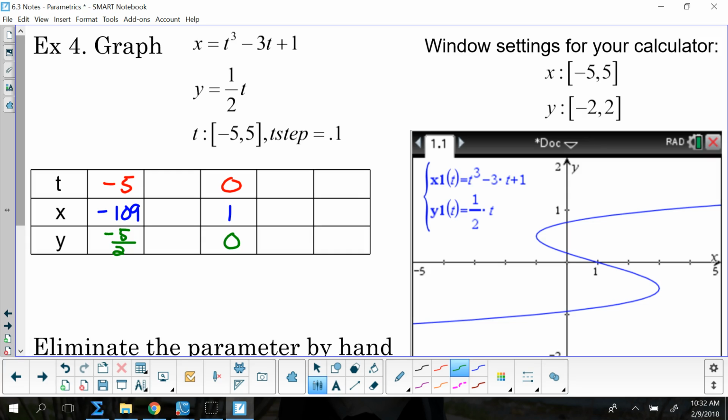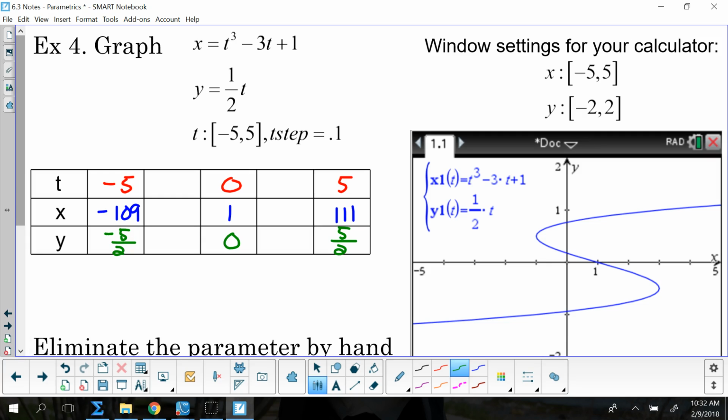Then if I go all the way up to 5, let's say, now I'm at 125, minus 15 is 110, plus 1 is 111, and I'm at positive 5 halves. So it wasn't necessarily the easiest one, but we can just adjust our window.